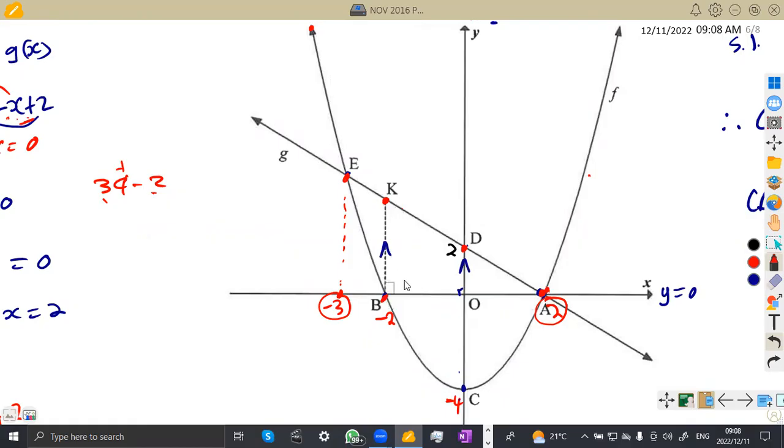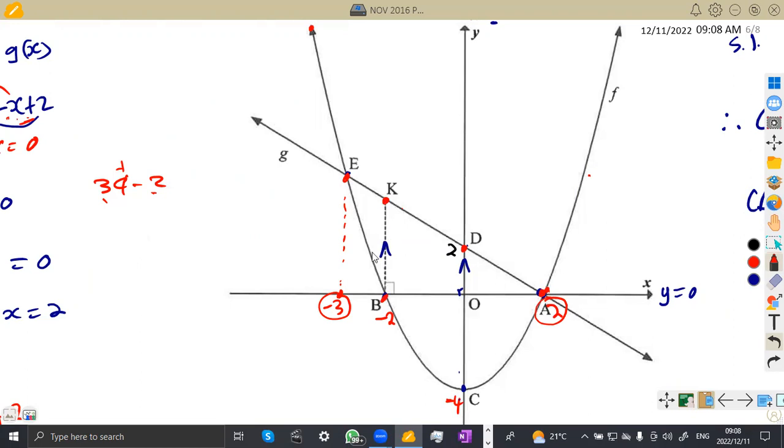So that means triangle BAK is a right angle triangle. In this case, we do not know the value from B to K.